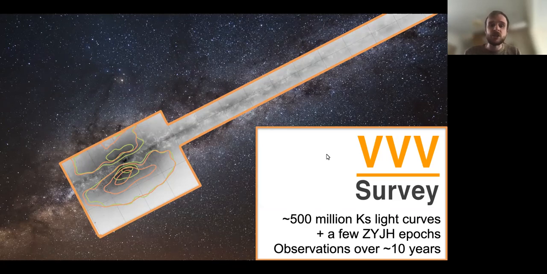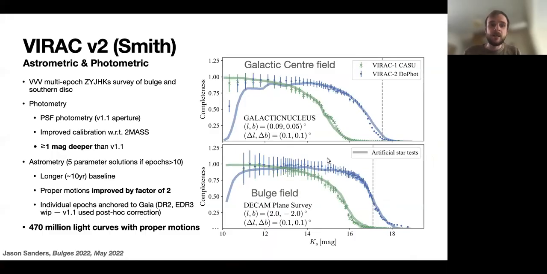And we have observations over about a 10-year baseline. And I'm using the VIRAC version 2 reduction due to Leigh Smith, which is a complete astrometric and photometric re-reduction using PSF photometry, and which allows us to go a magnitude deeper than the previous version.